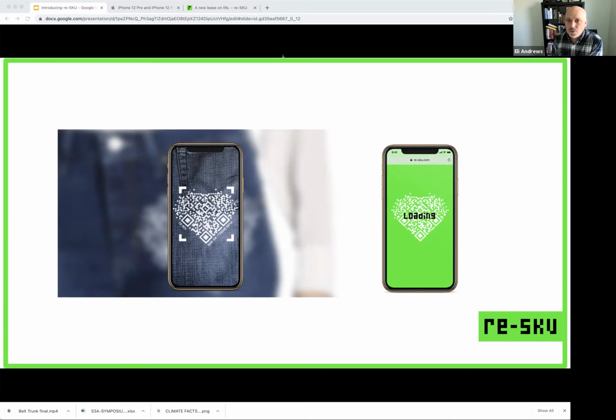And I want to clarify that everything I'm talking about here right now is very much alive and in the world. We beta launched re-SKU this spring, just last month, in fact, to test whether or not people would purchase these re-SKU'd jeans as one small step toward participating in the climate movement.